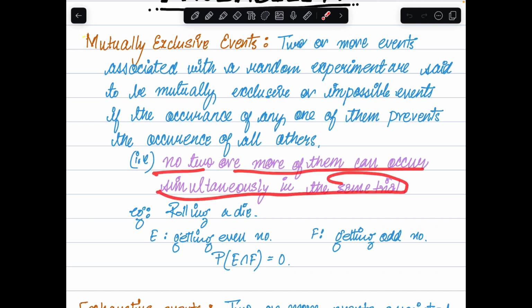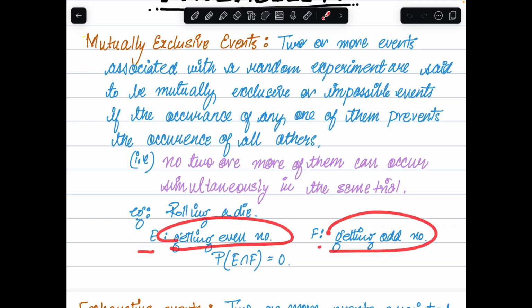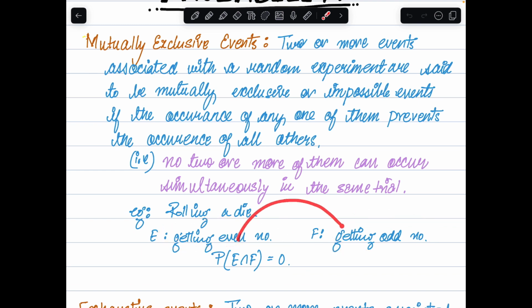So in simple terms, it means no two or more of them can occur simultaneously in the same trial. For example, let's say rolling a die. Event E is getting an even number and F is getting an odd number. They both cannot occur together in a single rolling of a die, right? When you list the elements, you will see no elements will be the same.